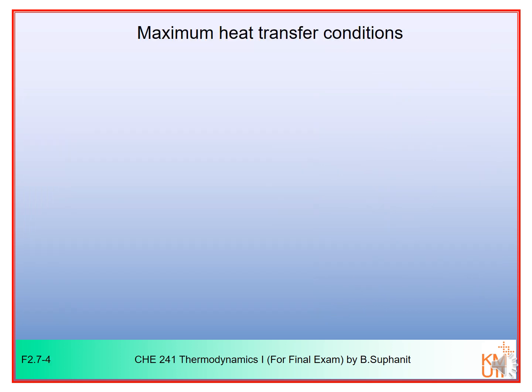Now let me draw separate diagrams to show the condition at which we can achieve the maximum heat transfer between hot and cold streams. There are three possible shapes of temperature profiles at the maximum heat transfer conditions.